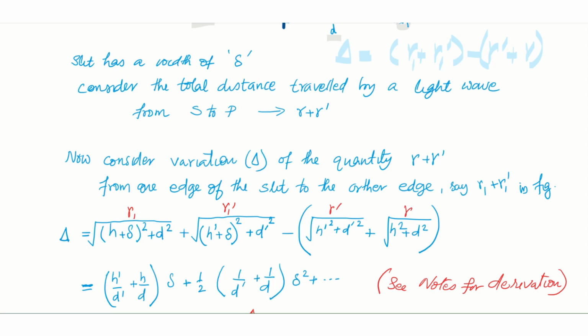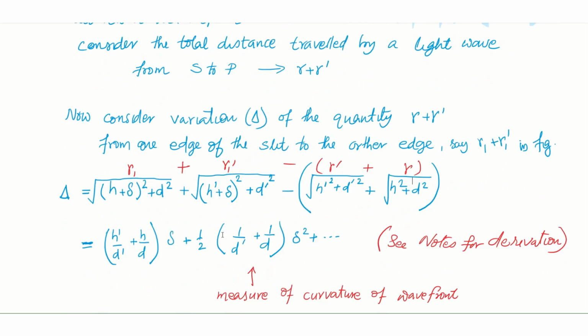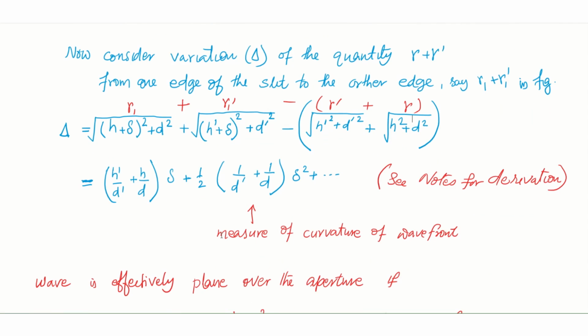This is r plus r1 minus r plus r. Now you do some simple rearrangements. I will send you the notes, or it is actually simple.